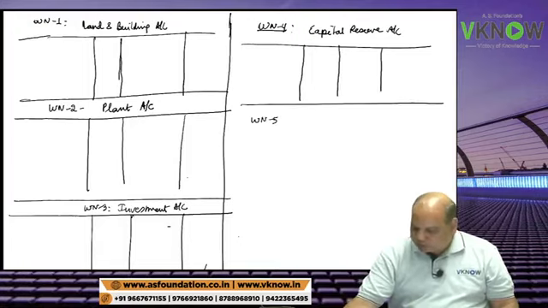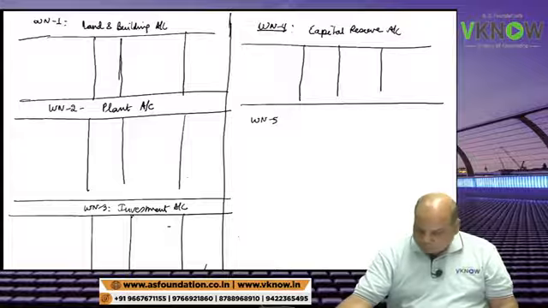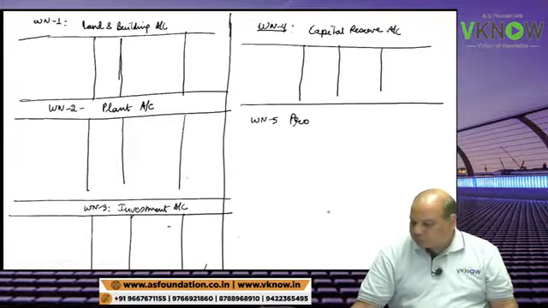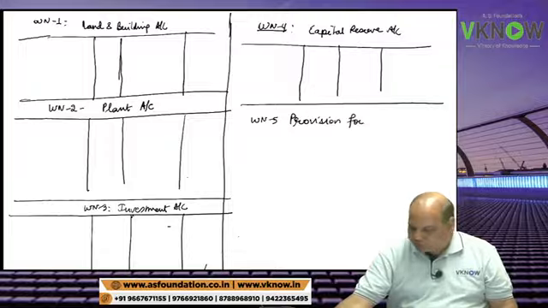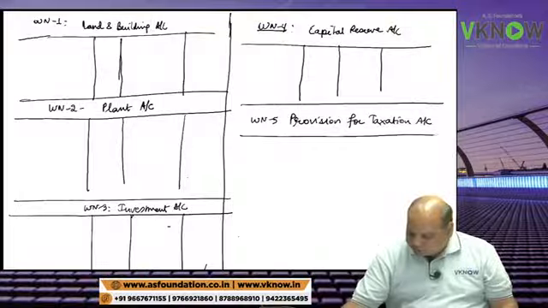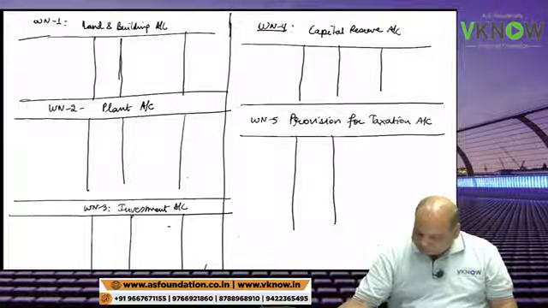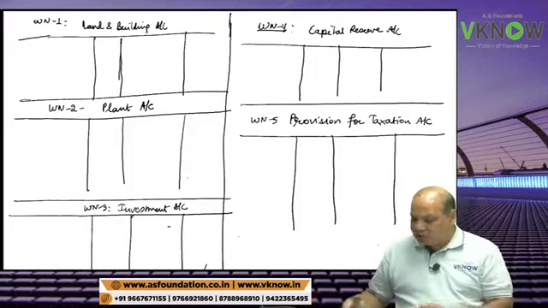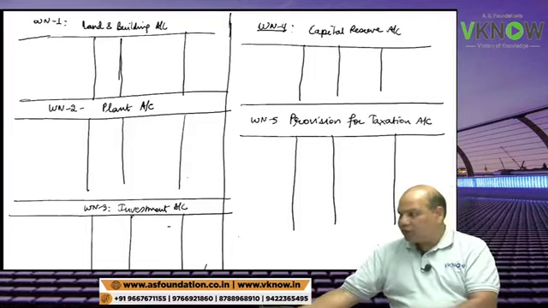And working note 5, provision for taxation account, because one adjustment is in provision for taxation. Which ledger will you draw? Where you have some adjustment, where you think there may be some balancing figure. 5 or 6 lines. Kindly draw the 5 working notes. I think that will be sufficient.